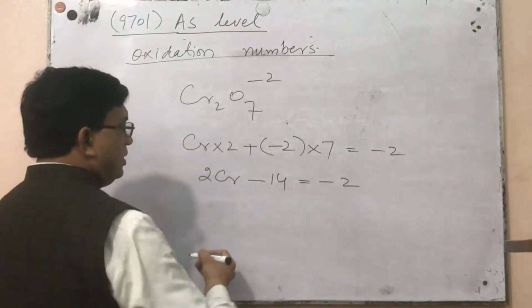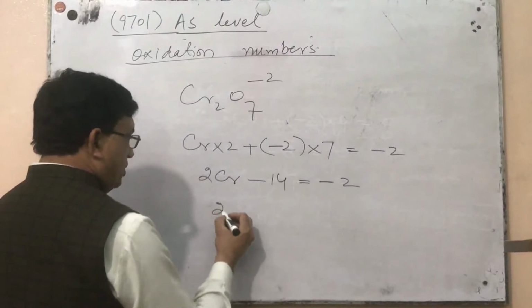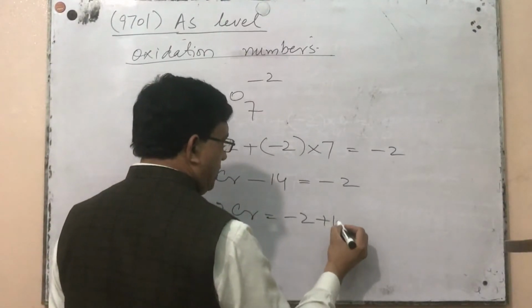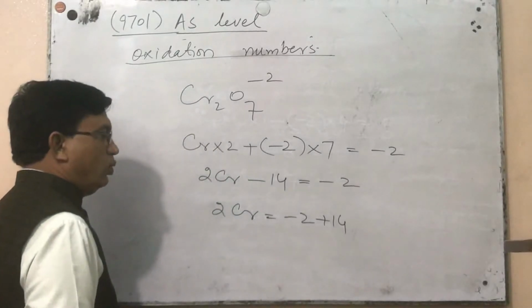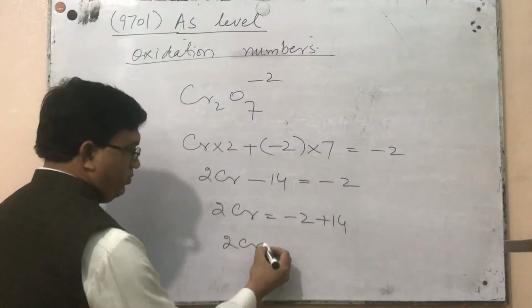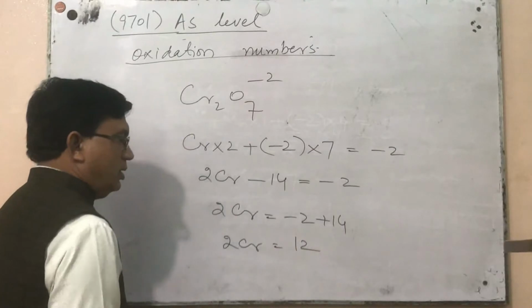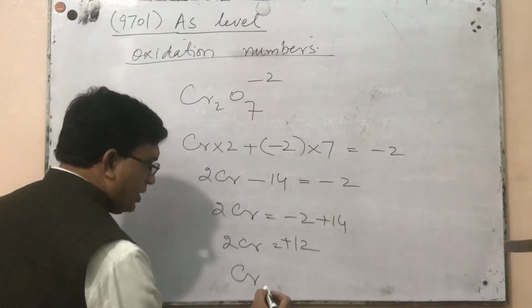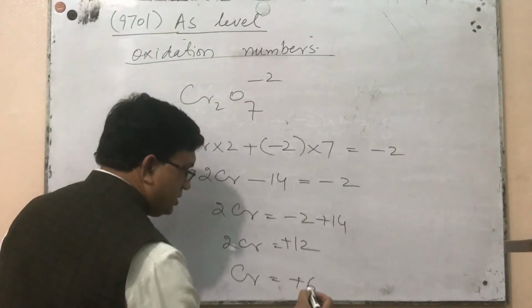By shifting this 14, we get 2 chromium is equal to -2 plus 14. What will be the answer? 2 chromium will be equal to 12. 1 chromium will definitely have +6.